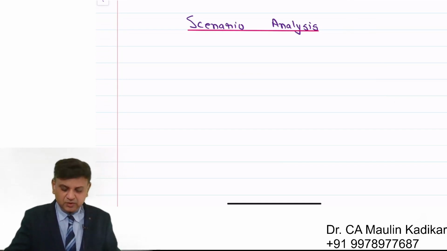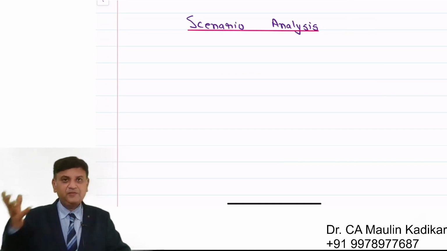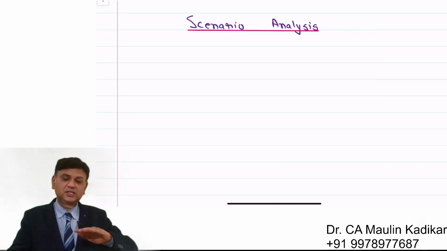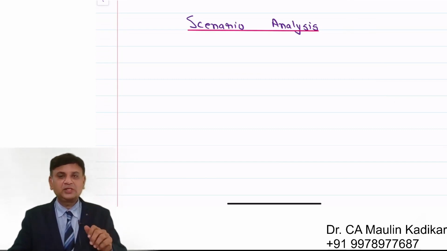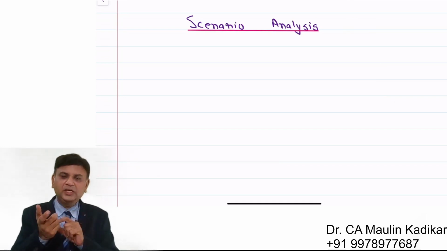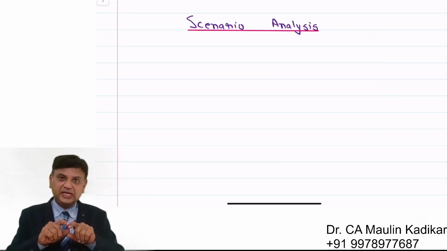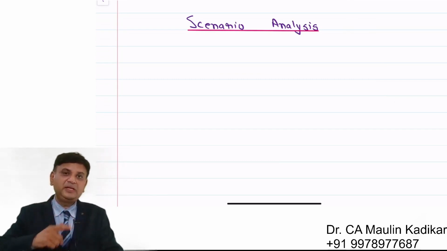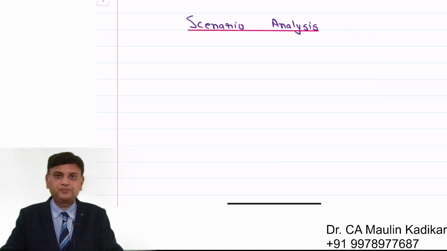Why? Listen carefully, we understand that if at all there is a reduction in the selling price, then there are fair chances that the sales quantity will increase. If at all there is an increase in the variable cost, we have improved the quality of the product, then in that case, we would be able to increase the selling price, or there can be an increase in the sales quantity.